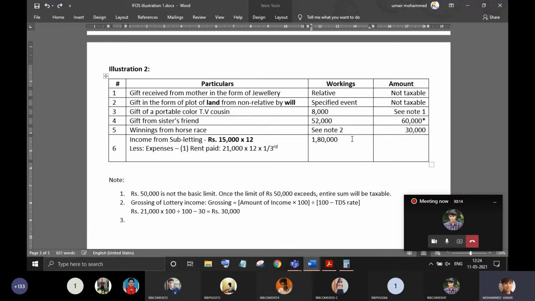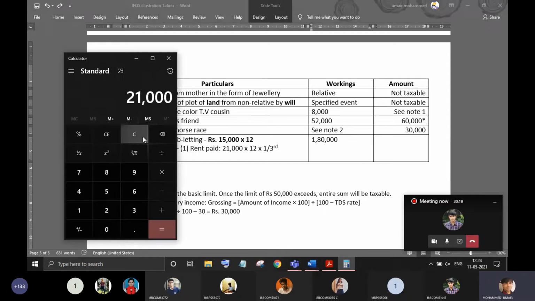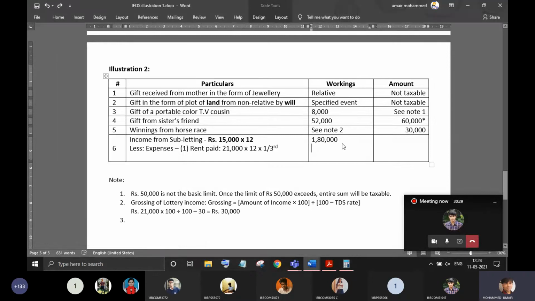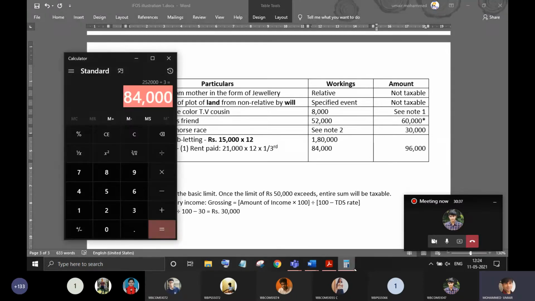So let's compute the amount. 21,000 into 12 into 1/3, 84,000.